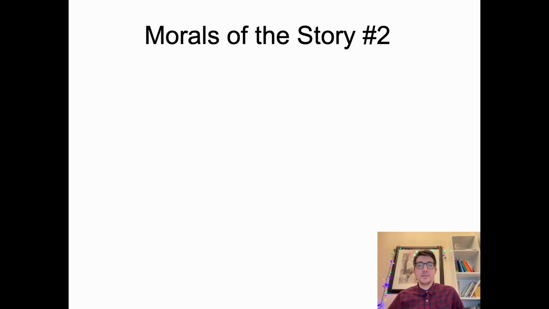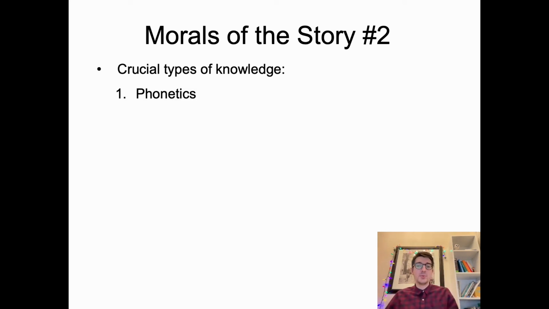And we've come to the morals of the story number 2, and something I would like to conclude this short lecture with. There are certain crucial types of knowledge every SLP expert needs to have. First one is the knowledge of phonetics, or at least articulatory and acoustic phonetics, but also perceptual phonetics. There are so many perceptual disorders out there.